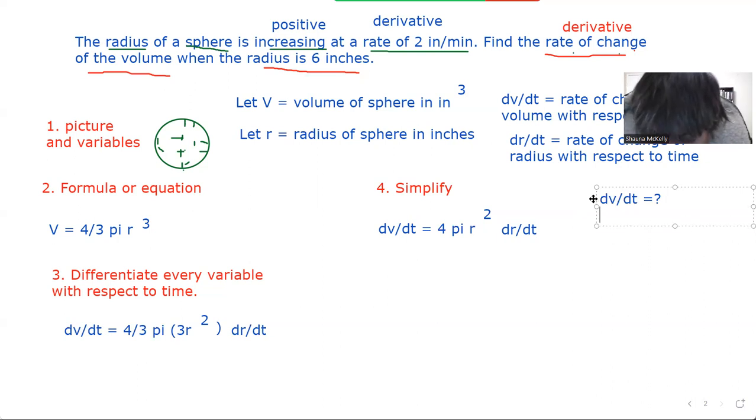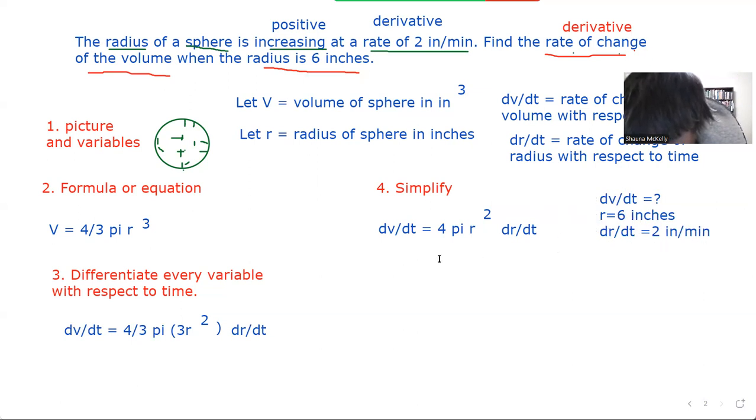I know r at the time that they're telling me, r is 6 inches. They also said that the radius is increasing, dr/dt, at a rate of 2 inches per minute. That's my little setup.